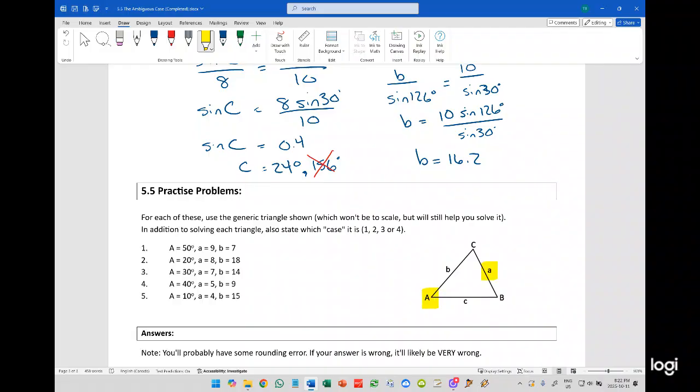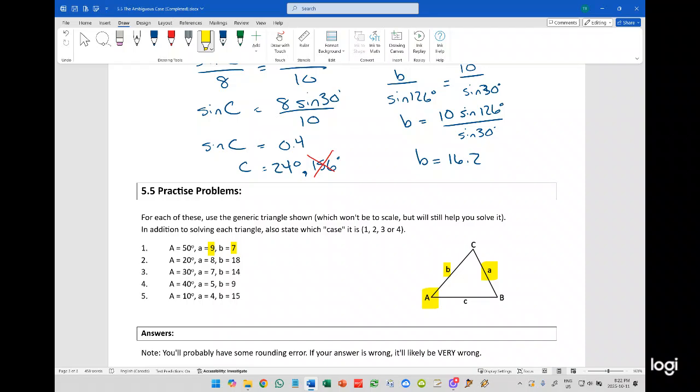So it's the size of side A versus the size of side B that matters. So here we have side A is 9 and side B is 7. 9 is longer than 7. So I'm going to give away the first one. This is going to be case 4, where the amount of fishing line is longer than the rod. The A is bigger than B. And then for each of the others, you'll have to figure it out on your own.